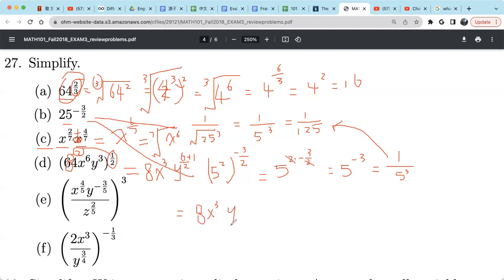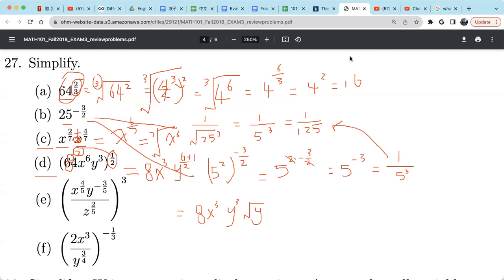Then we have y raised by 1, then y raised by half. What's y raised by half? Square root of y. So this is the answer for D.